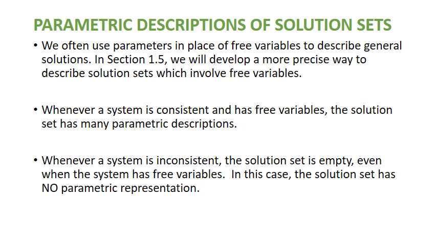We'll often use parameters in place of these free variables, and this is something that we'll get to later on in the chapter. If a system is consistent and has free variables, then it can have many parametric descriptions. Whenever a system is inconsistent, the solution set is empty, so there's not a parametric representation.